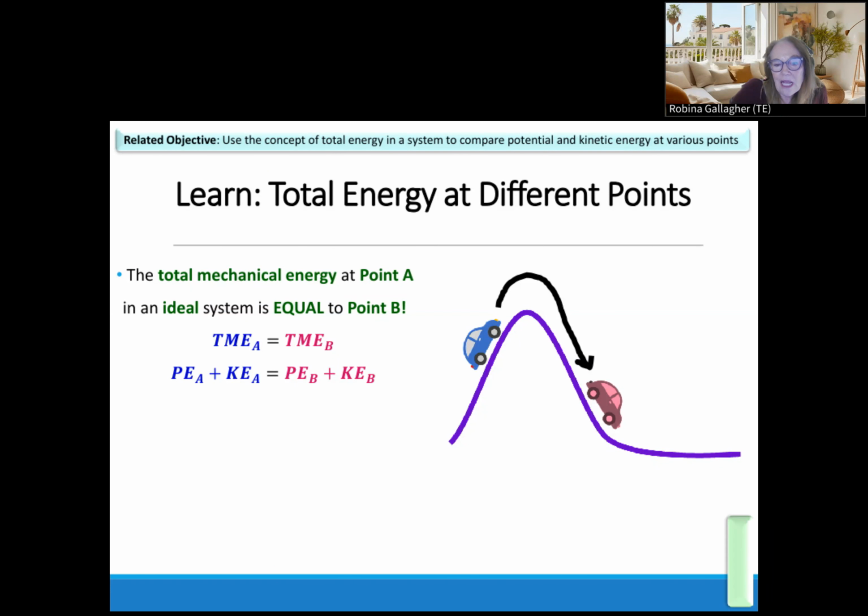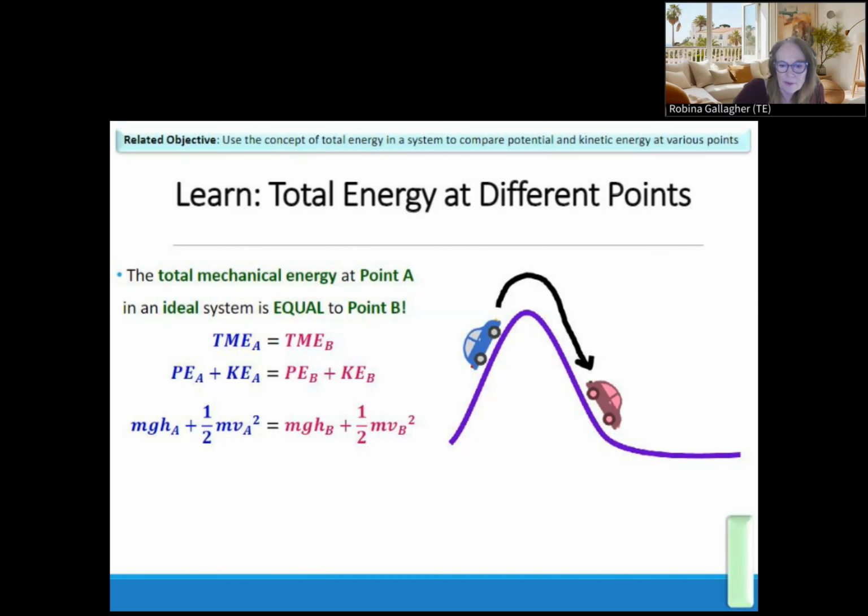Now, what I'm going to do is instead of writing those symbols, I'm going to insert the mathematical formulas for those in there. Okay. And now it looks super scary. Okay. So I'm going to simplify it just a little bit.